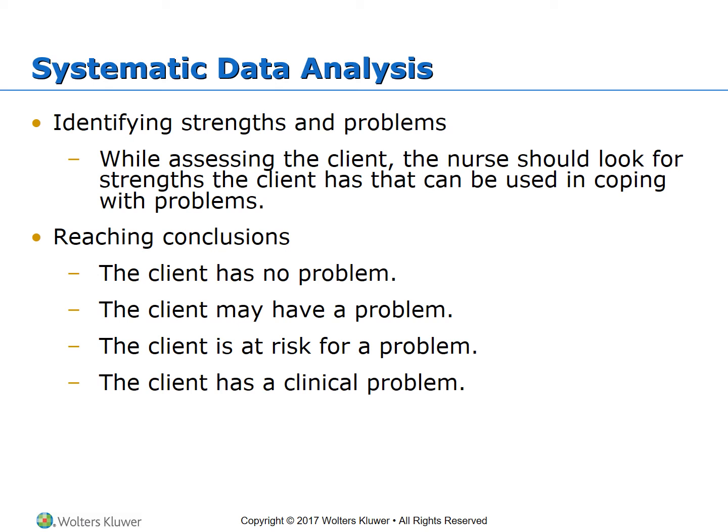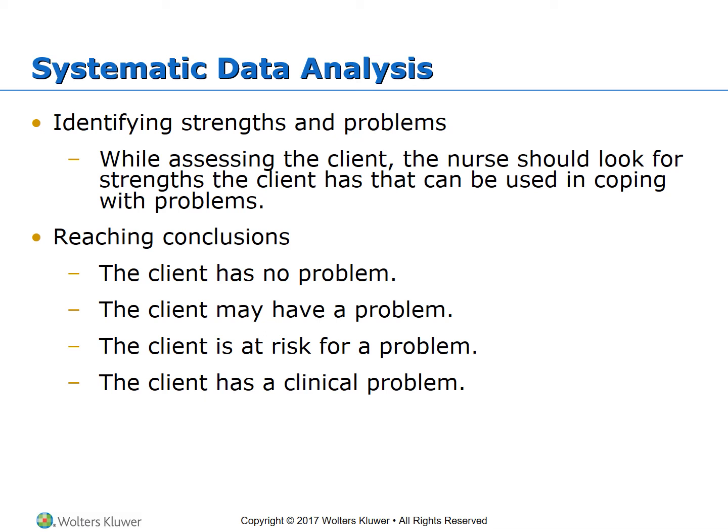Reaching conclusions. The client doesn't have a problem. The client may have a problem. The client is at risk for a problem, or the client has a clinical problem. And this information is on page 420 of your book. So if the client has no problem, no further nursing care is needed.